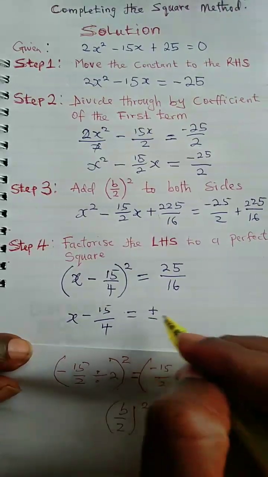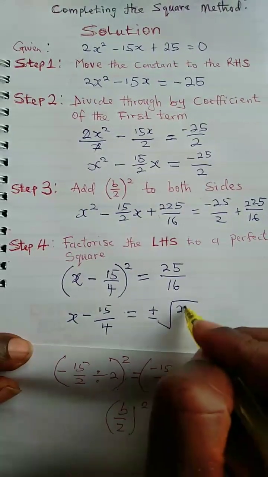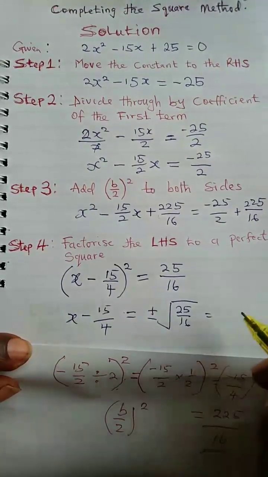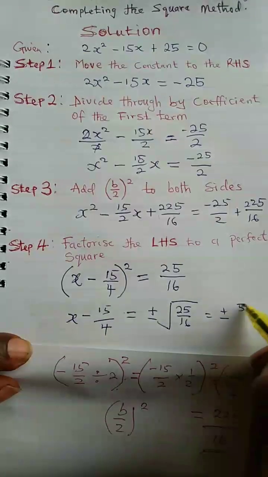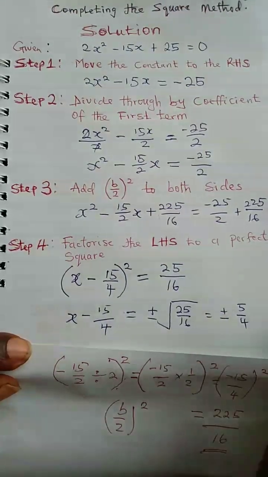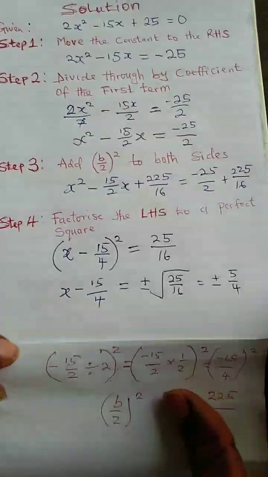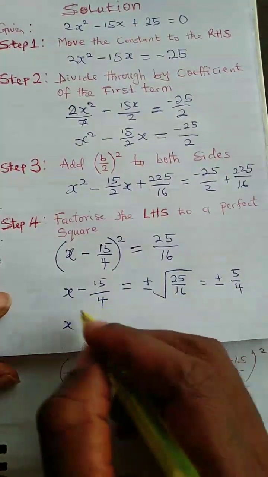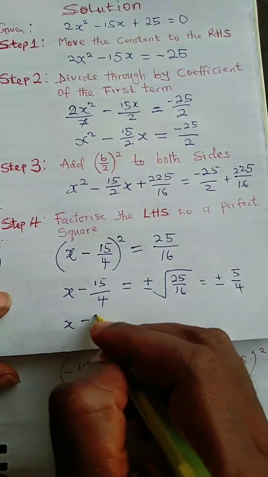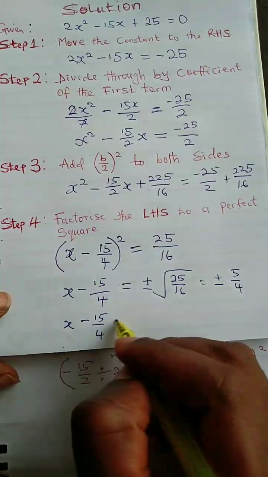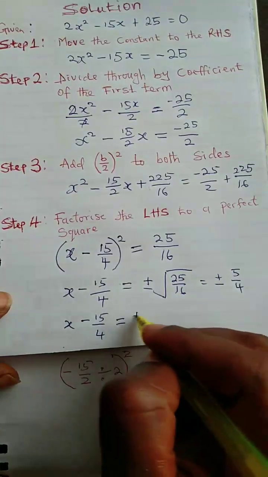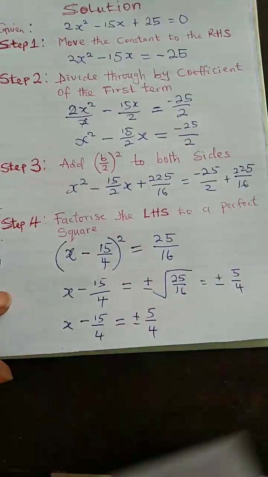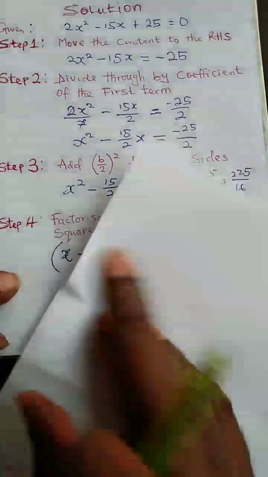That will give us plus or minus the square root of 25 over 16, and that is plus or minus 5 over 4. So we have x minus 15 over 4 is equal to plus or minus 5 over 4. Let's continue from here.